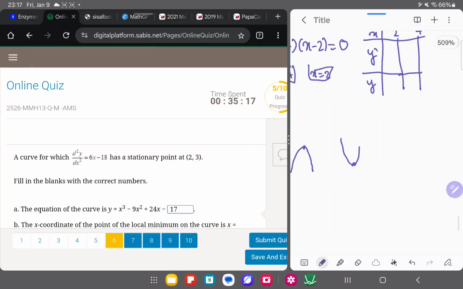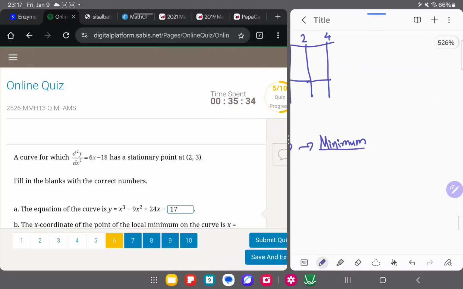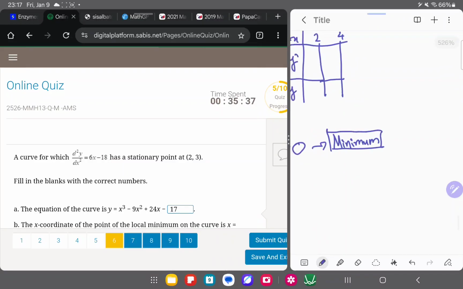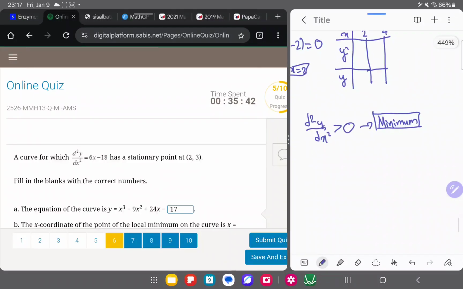And to determine that, if the second derivative is greater than 0, then the nature of the turning point, or any x coordinate you input in there, is minimum, or the curve is concaving up. When the second derivative is less than 0, then it is a maximum.